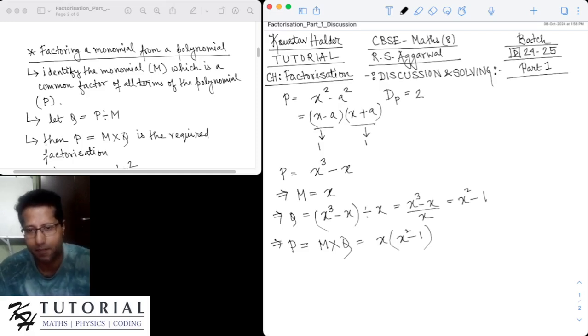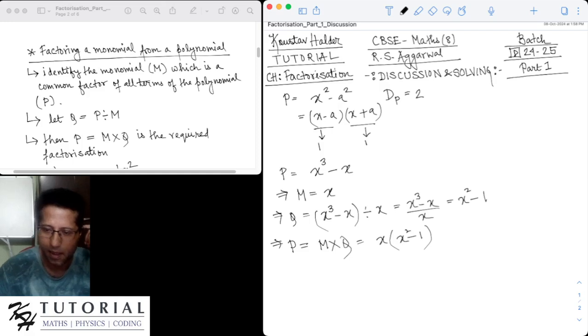Hence we see that p has been expressed as the product of two algebraic expressions, m and q. This is what we call factorization of the polynomial p by factoring a common monomial.